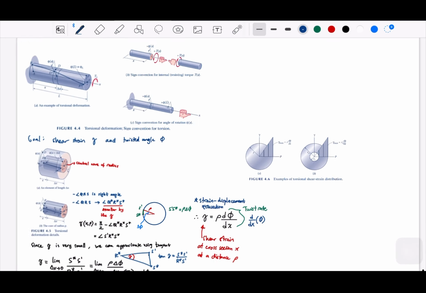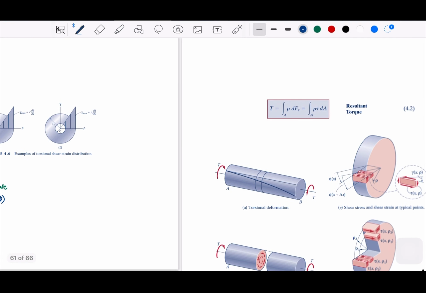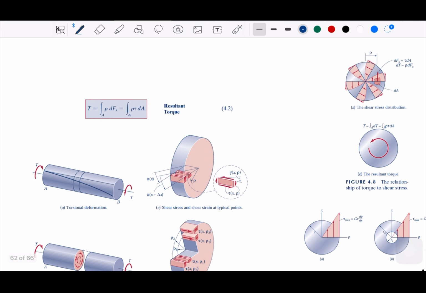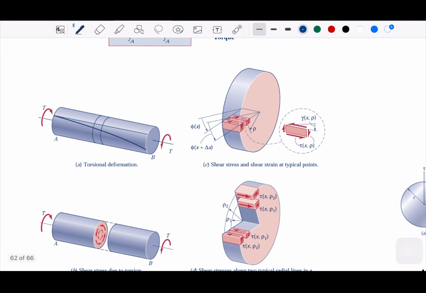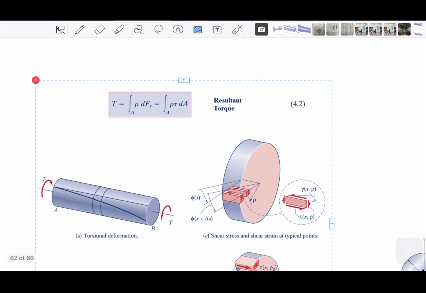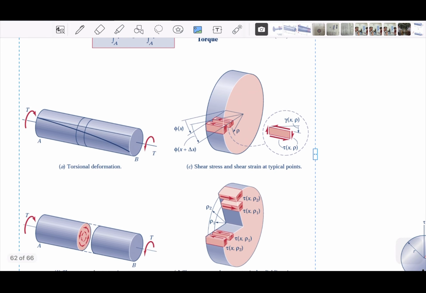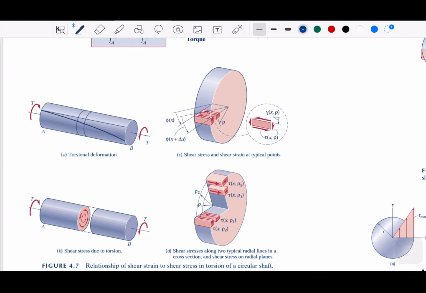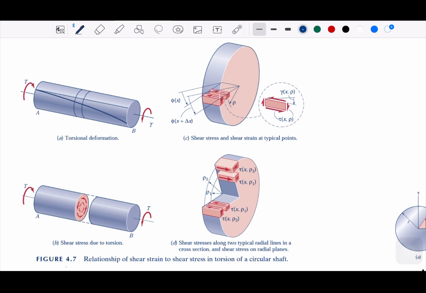If we take a look at this graph, and see the torsional deformations from A, B, C, D in the picture, let's imagine how the shear stress will be. First, let's say A and B, so we cut this rod.